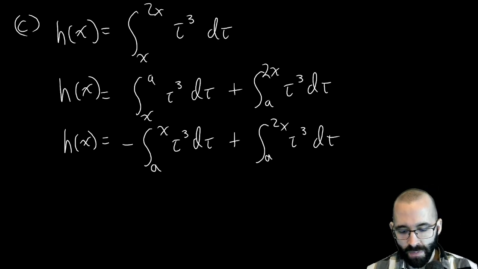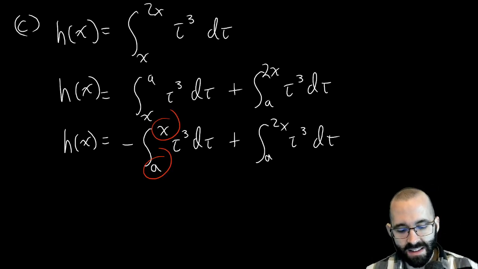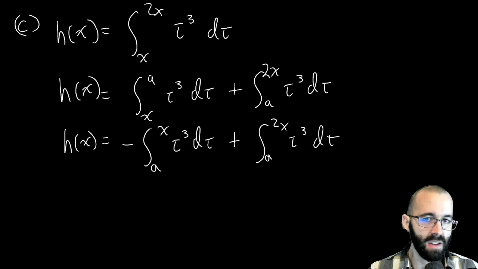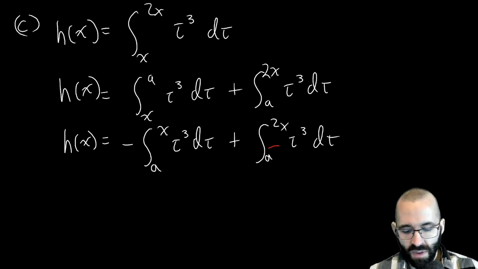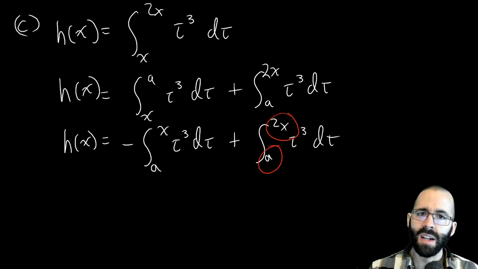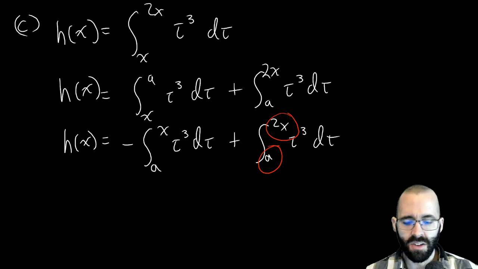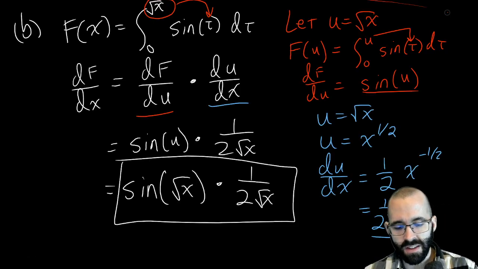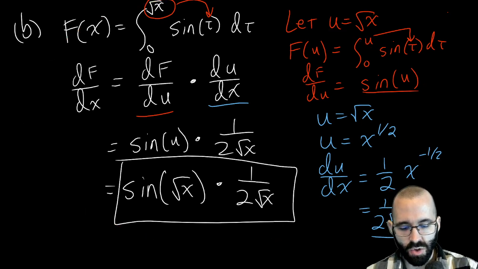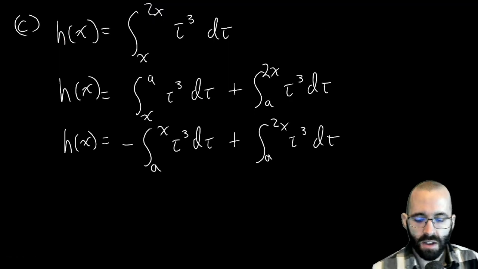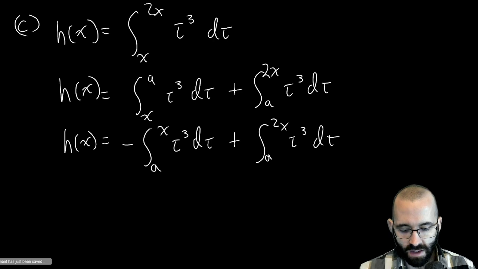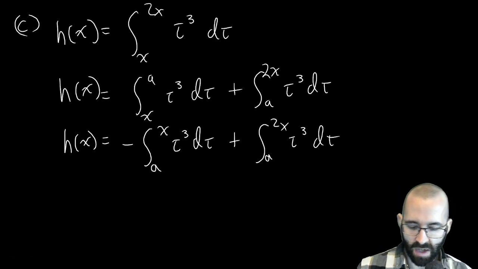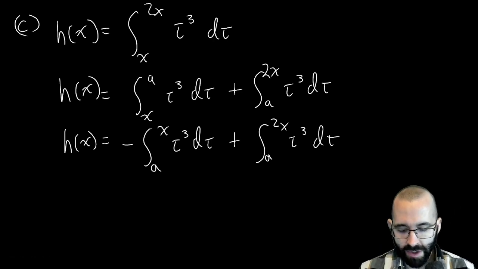Now it's in a good form. It's going from a to x. On that one we can use the fundamental theorem of calculus directly. Here it's from a to 2x. We'll have to use the chain rule, but we can still use the fundamental theorem of calculus. We'll be doing that second integral with this method, but we'll be taking a small shortcut. We'll still be using the chain rule, but to keep the video not too long, I will take a shortcut. But now we can take the derivative.